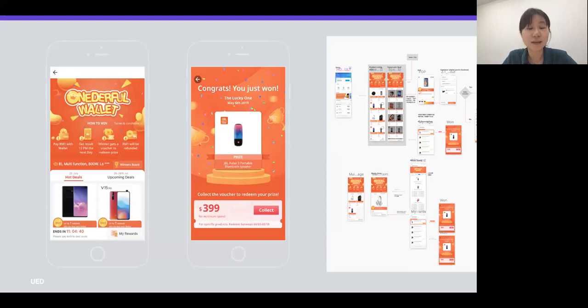So what we did is a game was invented, almost like a lucky draw, where you pay with your wallet and you pay a very little amount.